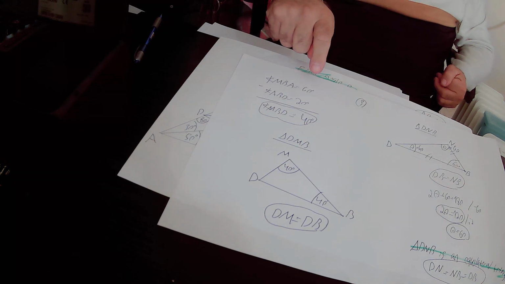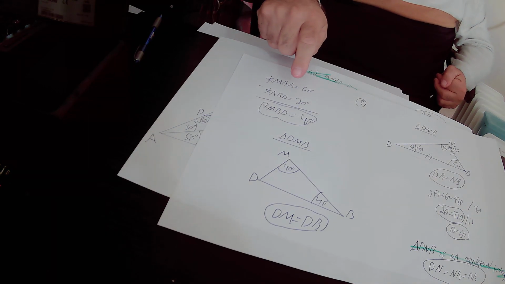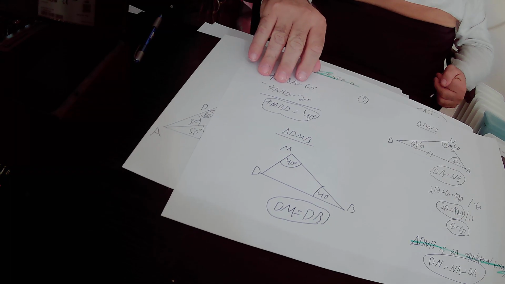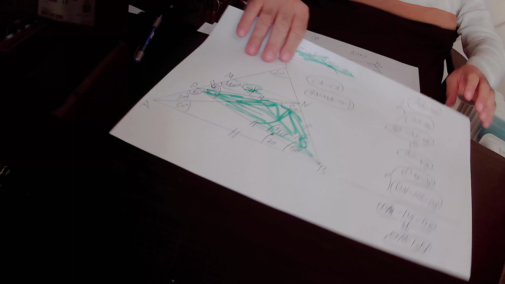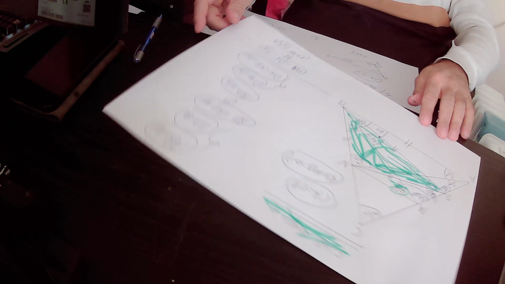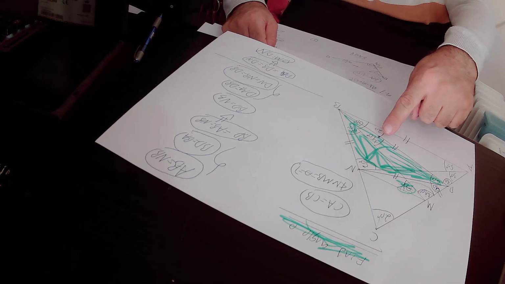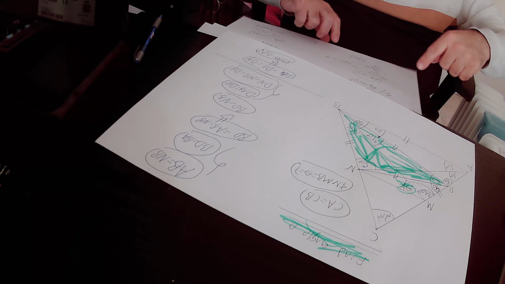So 60 minus 20 is 40 degrees, therefore the missing angle MBD equals 40 degrees in size. Here, this is the missing angle MBD that is equal to 40 degrees in size.